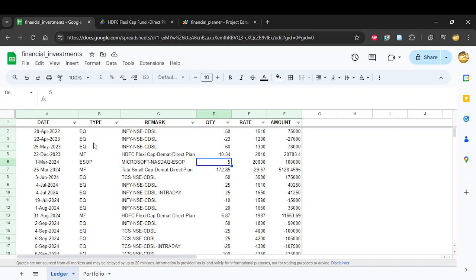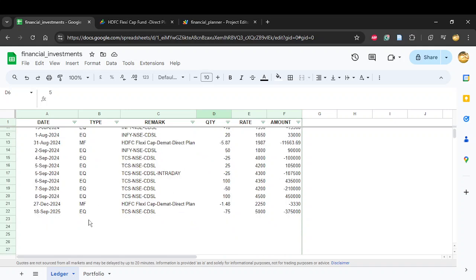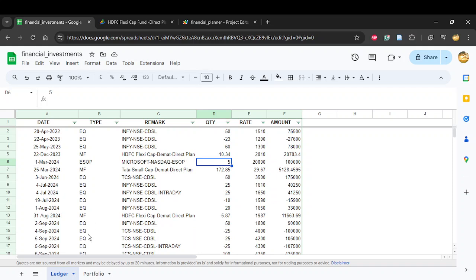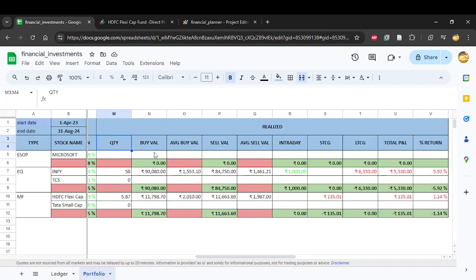After that I have not sold any ESOP quantity. So it's understandable that you don't have any ESOP quantities coming up in the realized profit and loss section. Since there is no quantity coming up here, the formula automatically takes care of it, and you have an entirely empty row in the remaining cells.